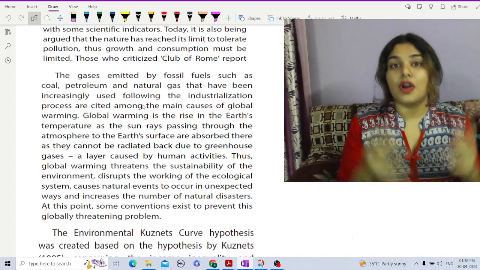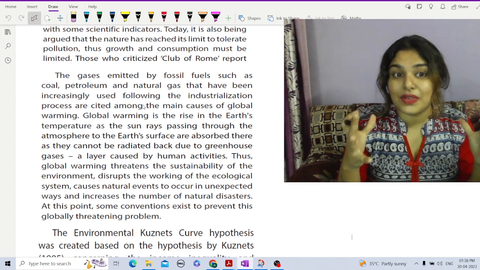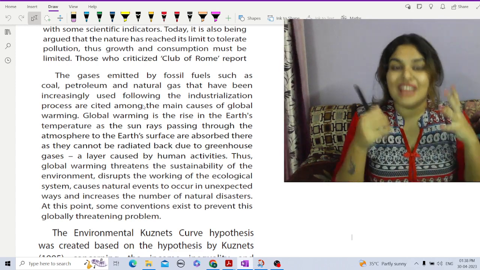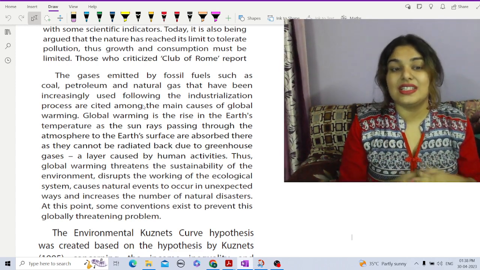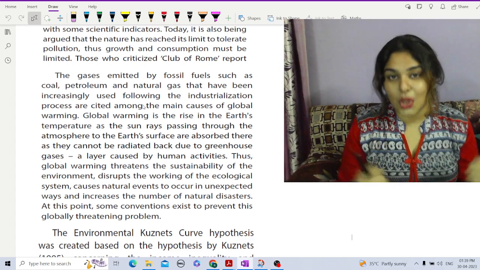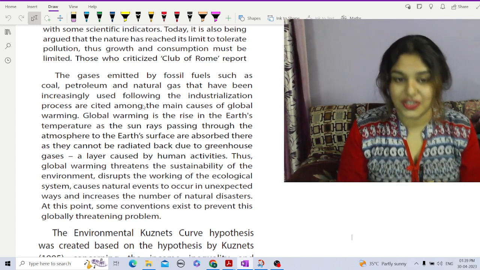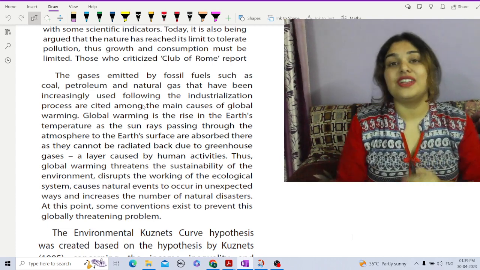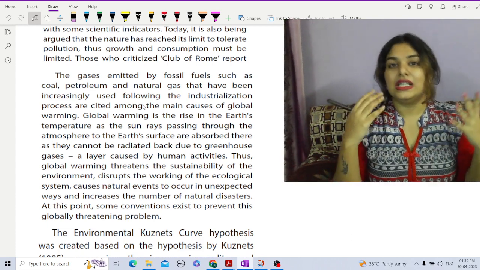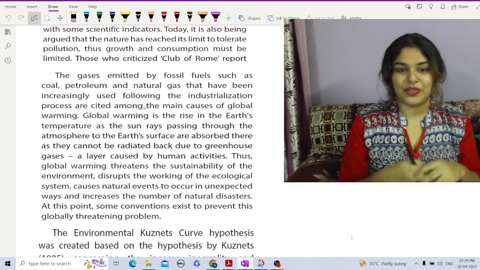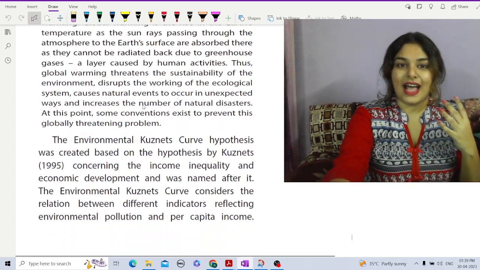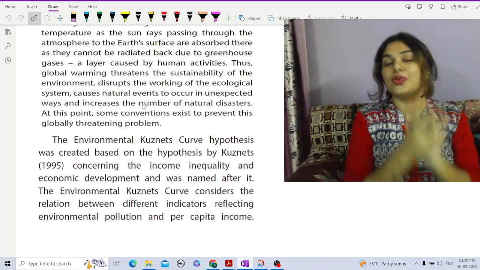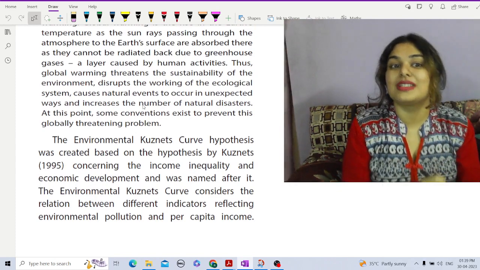So global warming is the rise in the Earth's temperature, right, as the sun rays are passing through the atmosphere. As a result of human activities and the growing economies, industrialization and manufacturing, there are several natural disasters and calamities, starting from floods, cyclones, etc. Okay, so as a result of this, Kuznets gave a hypothesis which came to be known as the Environmental Kuznets Curve, right?